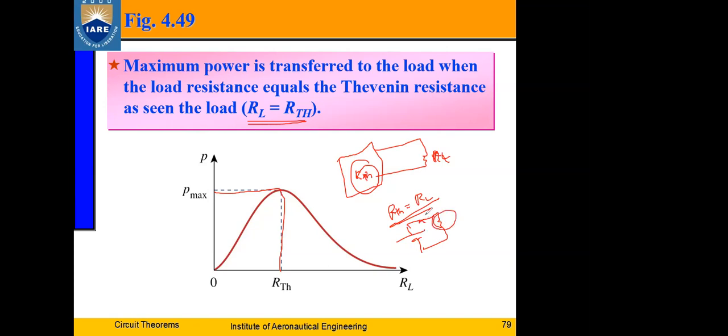So maximum power can be transferred to the load when the external resistance, that is the load resistance, is made equal to the Thevenin's resistance. We can calculate this, and this is a proved theorem.